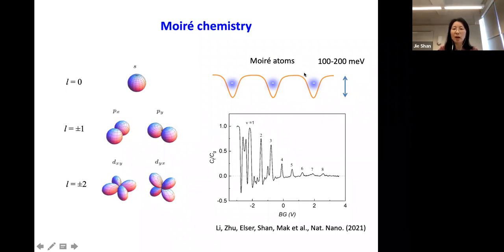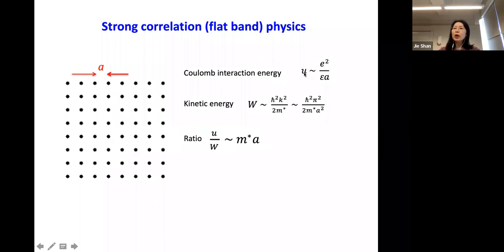Right? So what makes a bunch of us physicists excited about this new material platform is the strong correlation effects. So let me just give you a hand-waving argument why this is an ideal place to study strong correlation physics.